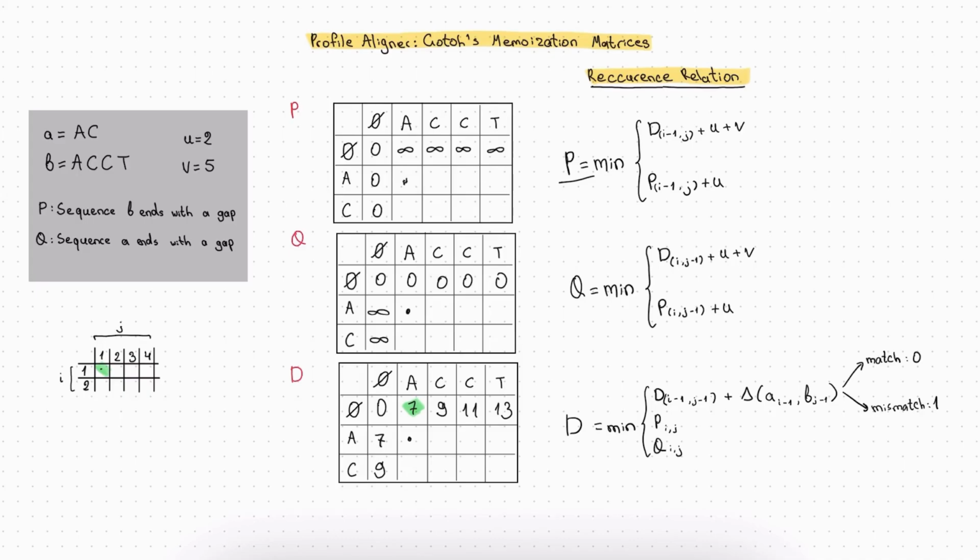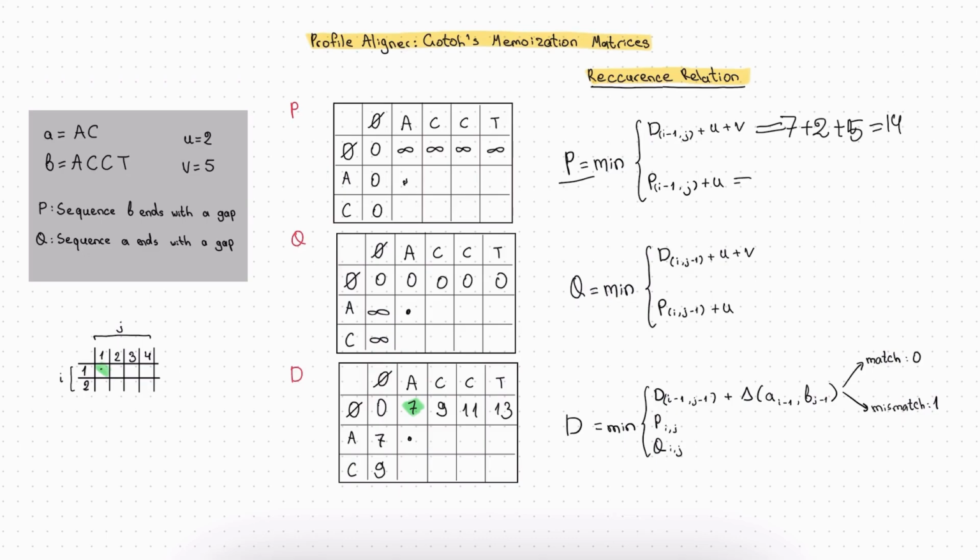Because I minus 1, it would take us one row above. So we have 7 at this location, and we want to add u and v, which is 2 and 5, therefore 14.